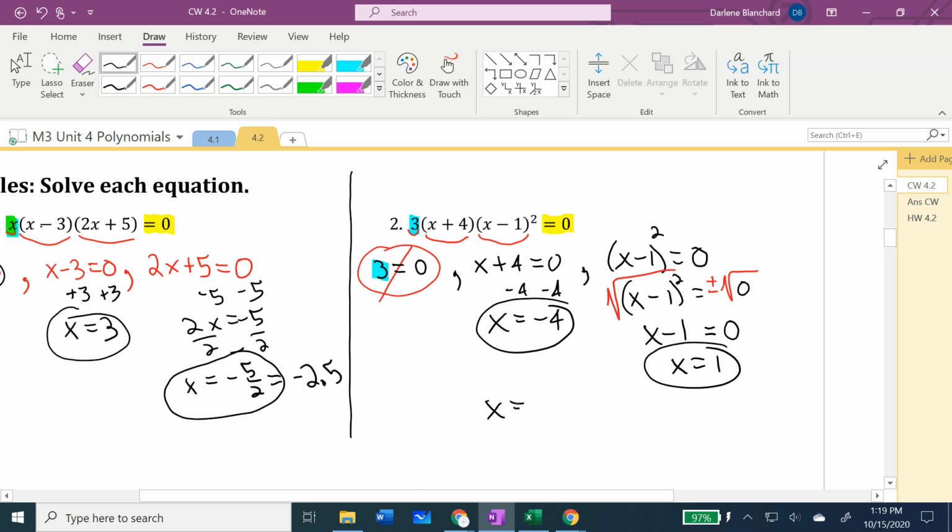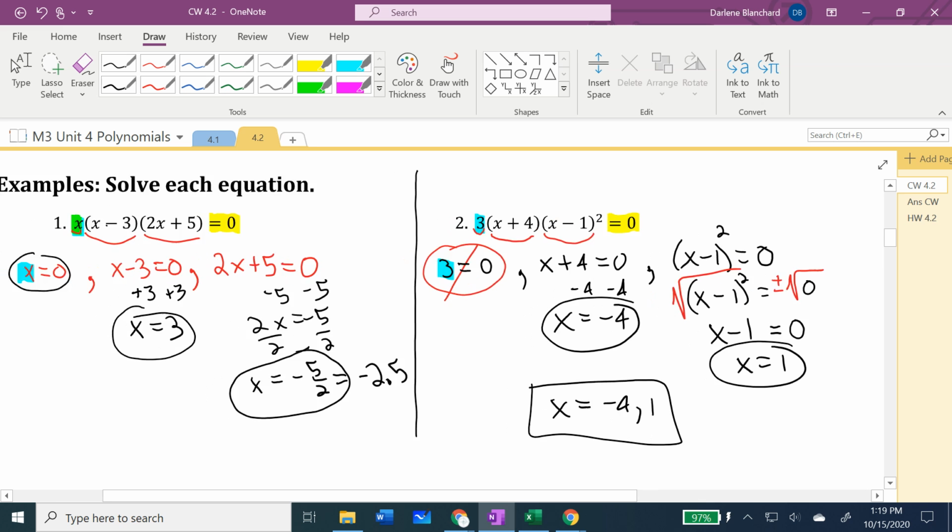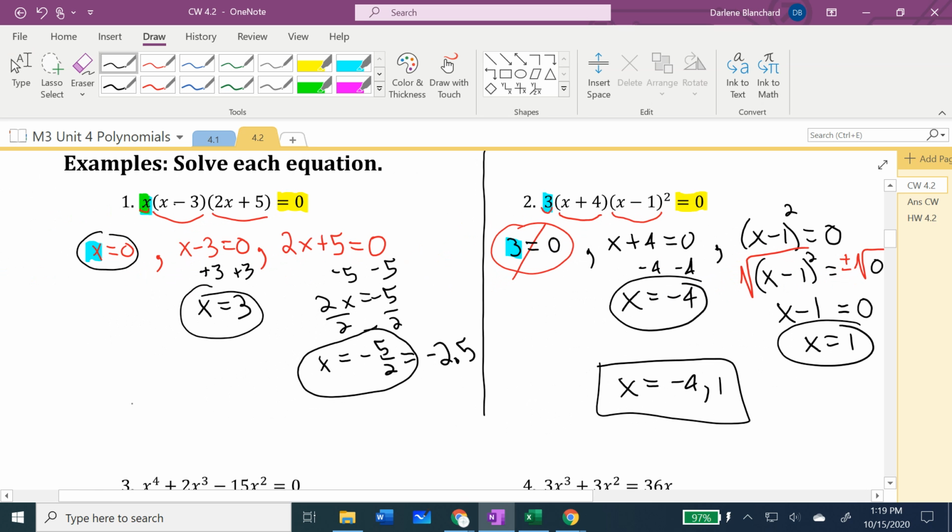And I probably should formalize and say, now, there are different ways that people will expect you to write answers. I'm not going to be picky about how you write your answers because there's a mathematically formal way to write it. There are informal ways to write it.